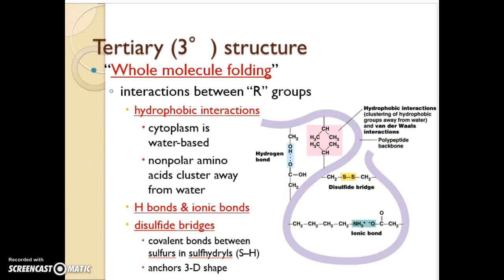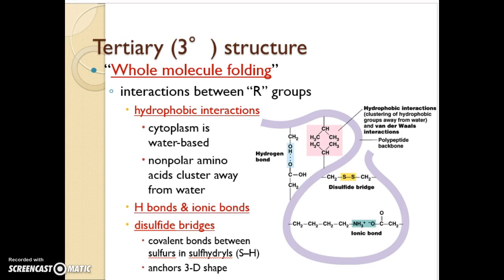So the next level of structure is the tertiary structure. And this is determined by the interactions among the various R groups. So again, the secondary structure had to do with the interactions of the hydrogen in the amino groups and the oxygens in the carboxyl groups having hydrogen bonds.